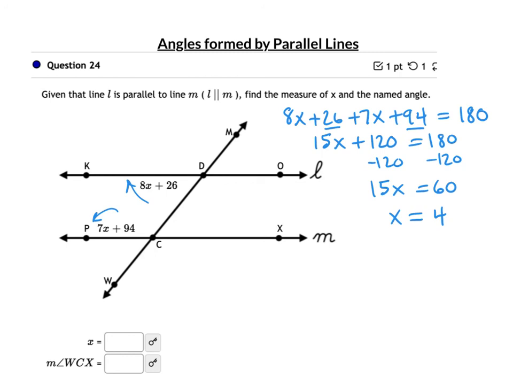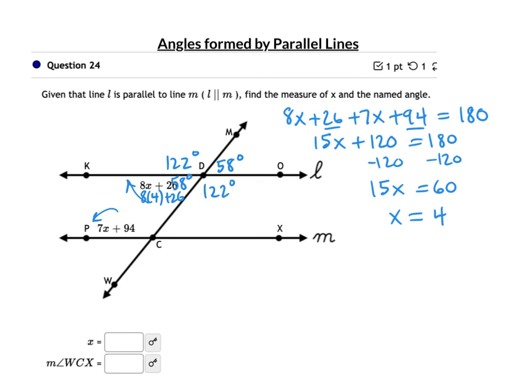So plugging that in right here, I get 8 times 4 plus 26. And 8 times 4 is 32. And 32 plus 26 is 58. So this angle is 58 degrees. This angle is 58 degrees. And if I subtract from 180, I get 122.